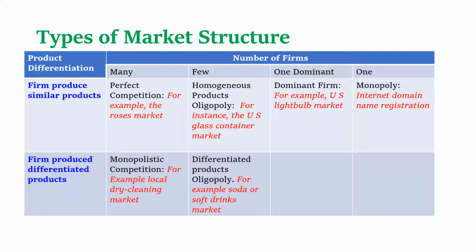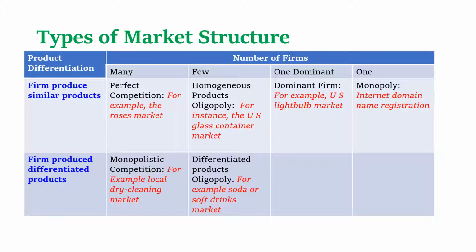If you look at the table here, we have number of farms and product differentiation. These are the two dimensions that we use to determine the types of market. We determine the type of market based on the number of farms as well as the types of product that they produce. In other words, product differentiation, right?